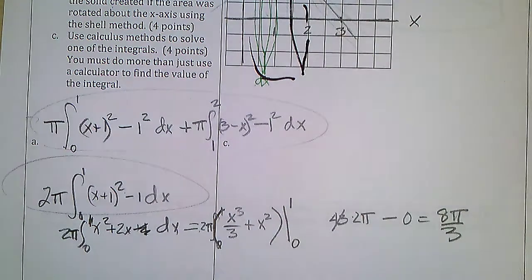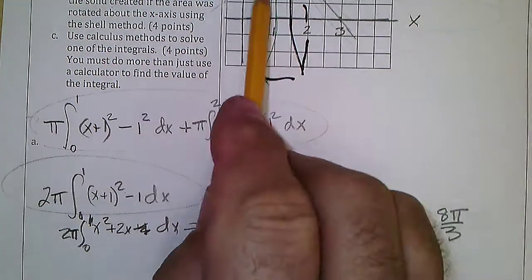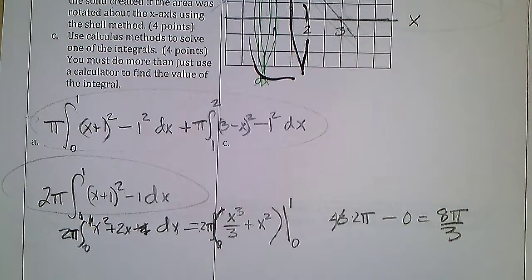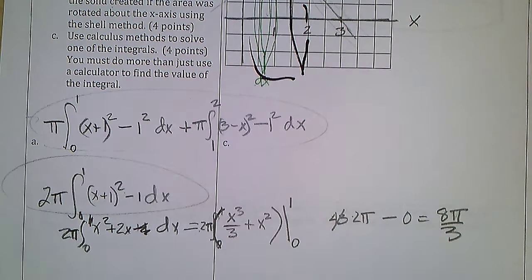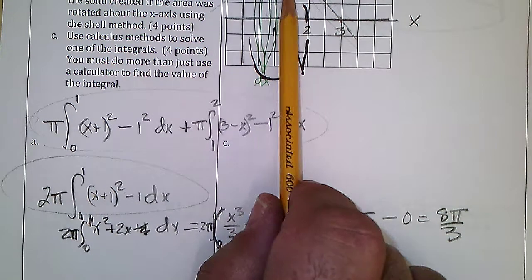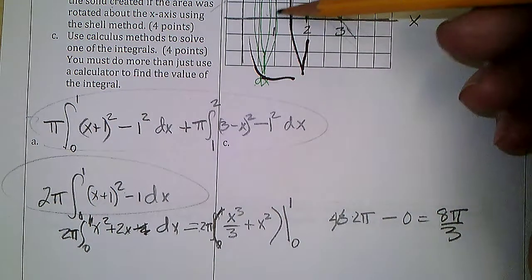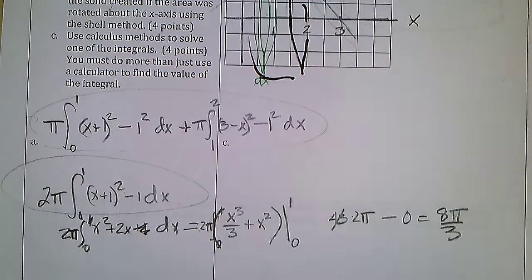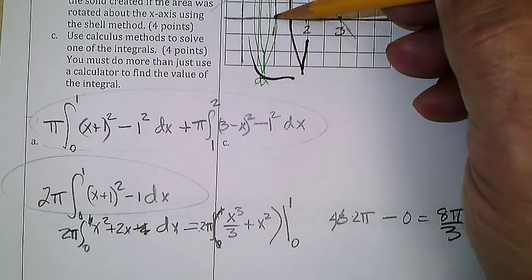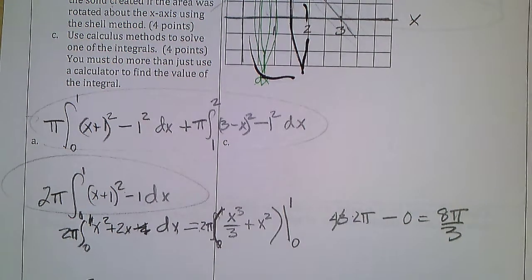X would be y minus 1. So that's how long this is. The difference in the x for this equation and the x for this equation. And that's the height of this ring, or the width of the ring, if you will. And the distance around the ring is 2 pi times y, the radius. And the thickness of all that ring is dy. And we're going to integrate for y going from 1 to 2. So that would be the setup on the second one here.